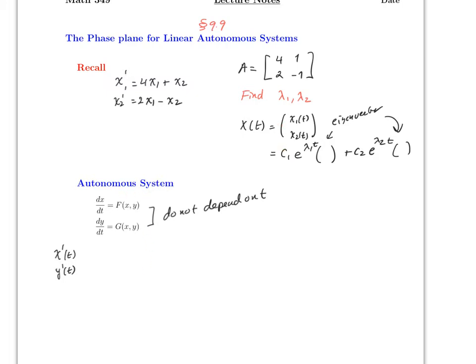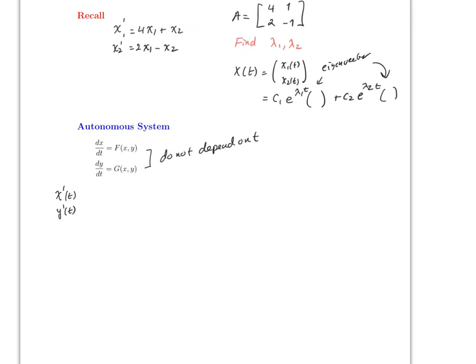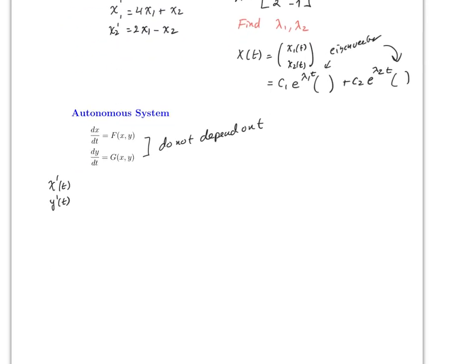An autonomous system has something called equilibrium points. The equilibrium points are all the values of x and y where f of x, y equals 0, and also g of x, y equals 0.